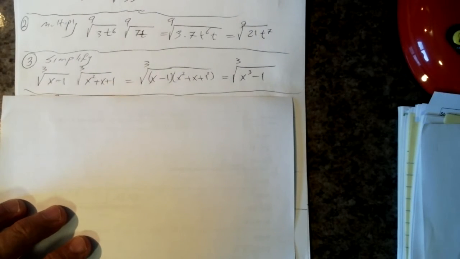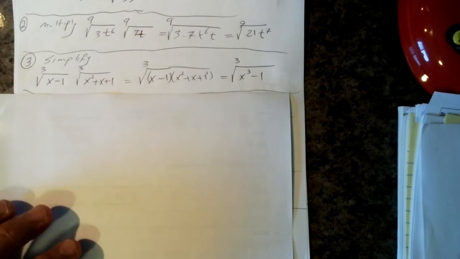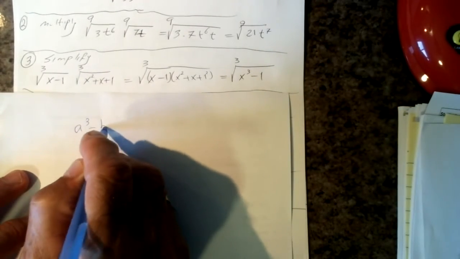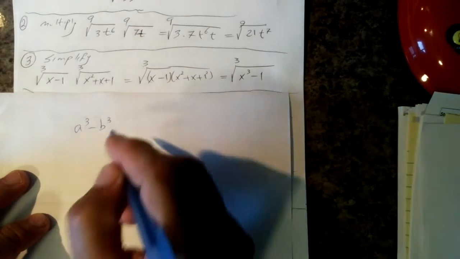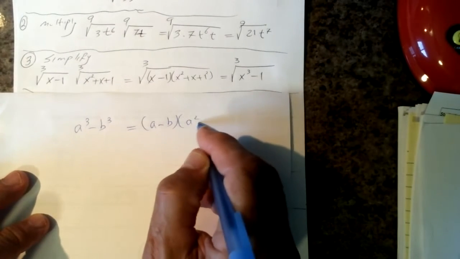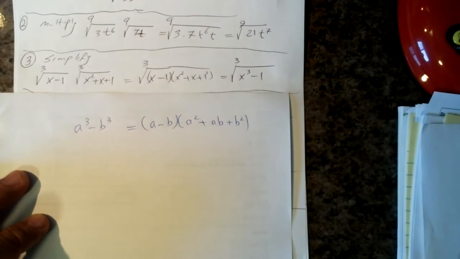Same thing, both radicals have the root of 3, and under that you multiply this. And you understand, we had a formula for this. This is the a cubed minus b cubed formula in factoring, which is a minus b times a squared plus ab plus b squared.